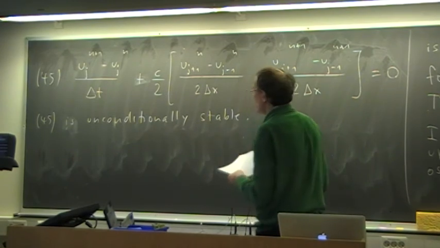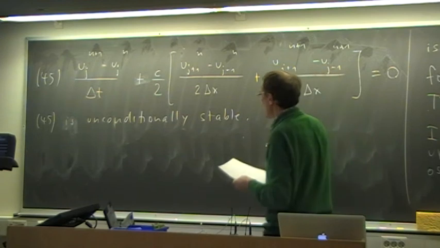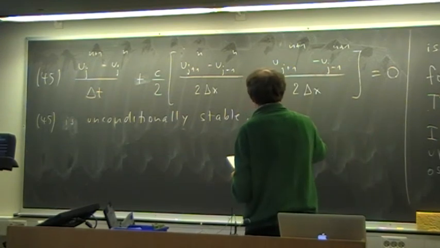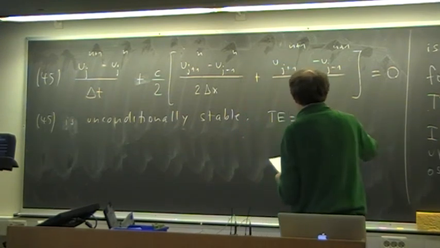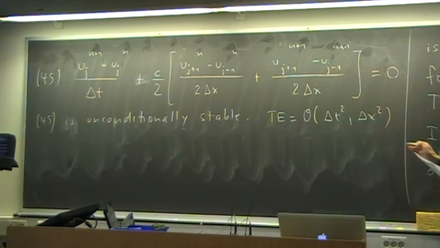But now we have the truncation error, which is now of order delta t squared and delta x squared. So it's second order, both in time and space. So this is now the first method that we see here of this kind.